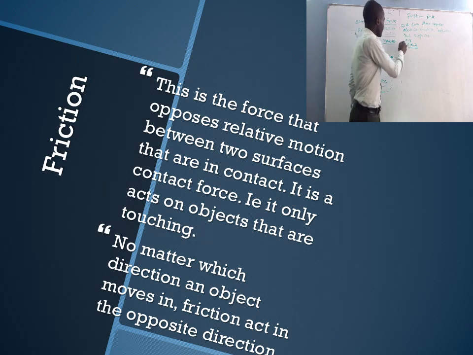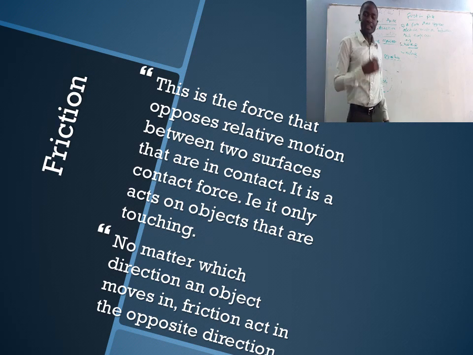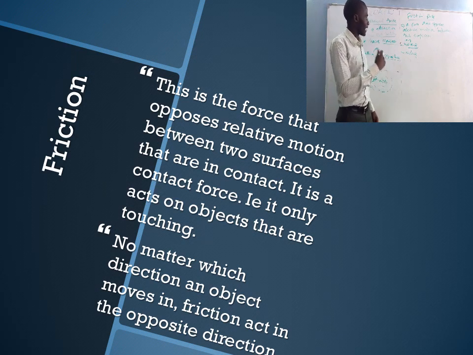Or the other one is riding. The wheels of a car normally experience some kind of opposition from the road. So this kind of force, which tends to oppose movement, relative movement between two surfaces, is what we refer to as the force of friction.